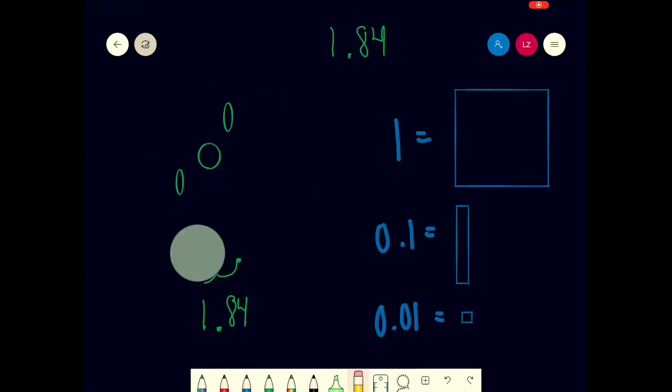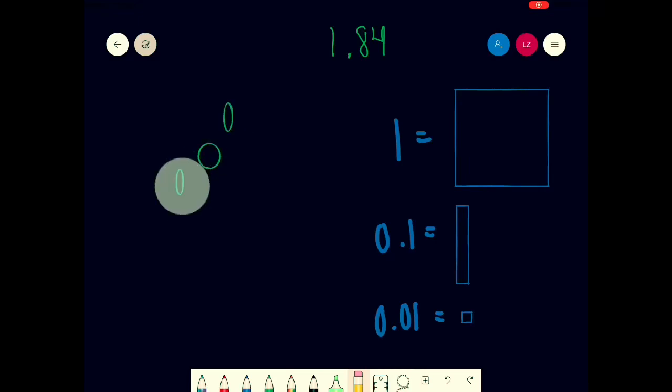Now it asked us to use base 10 blocks to show the product. So how are we going to show 1? We're going to show 1 like so.